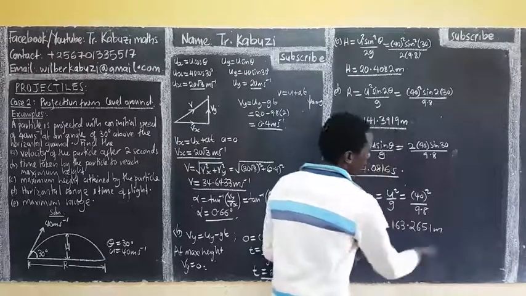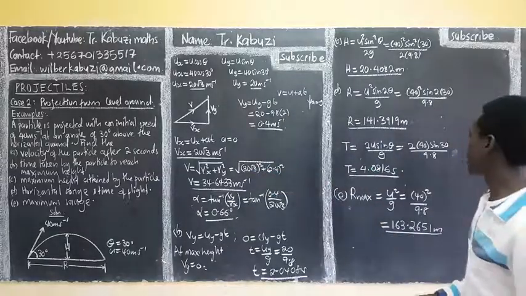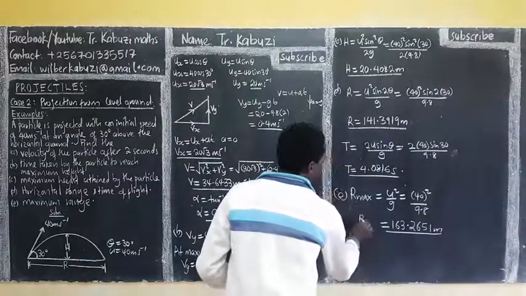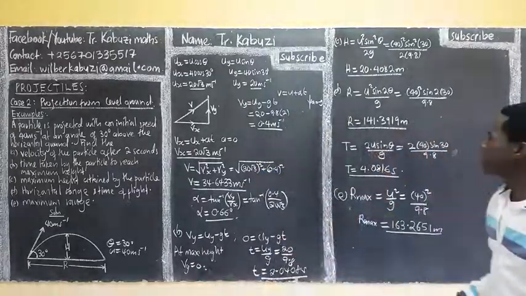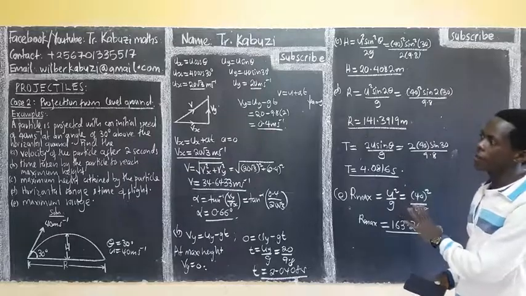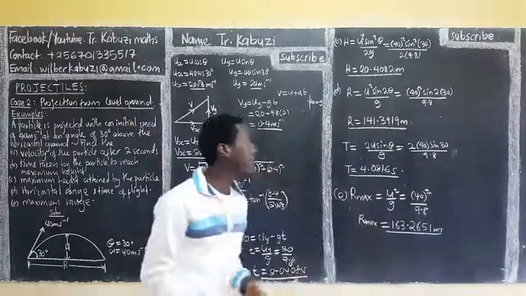So that's the maximum distance our particle can cover. It's bigger than the range. So when you know these things, please revisit how we got this formula. It was lesson 2. So that's how we handle this question.